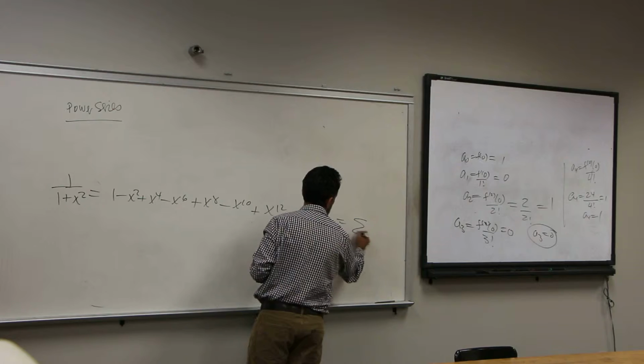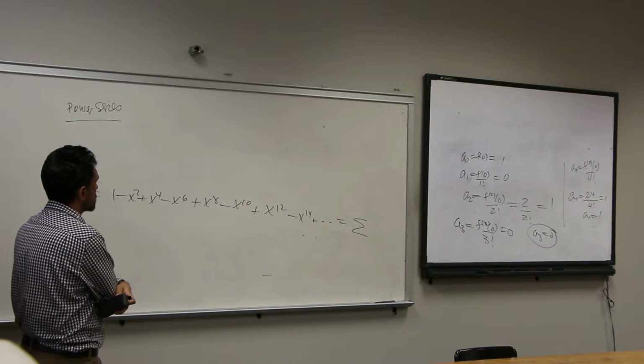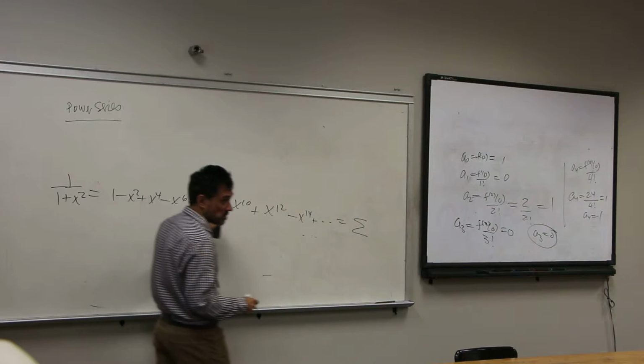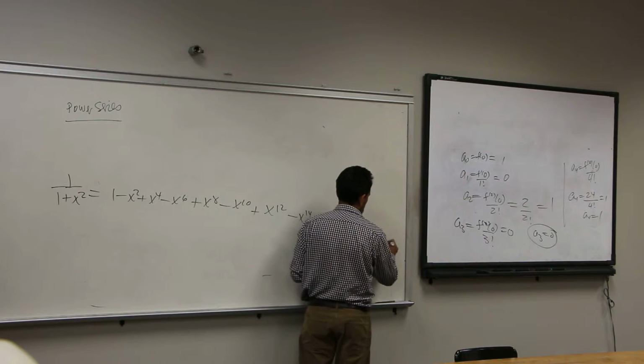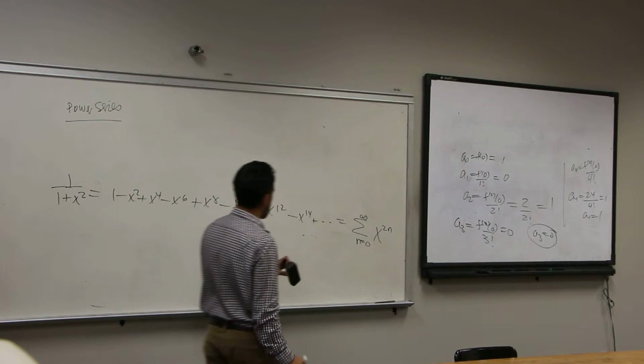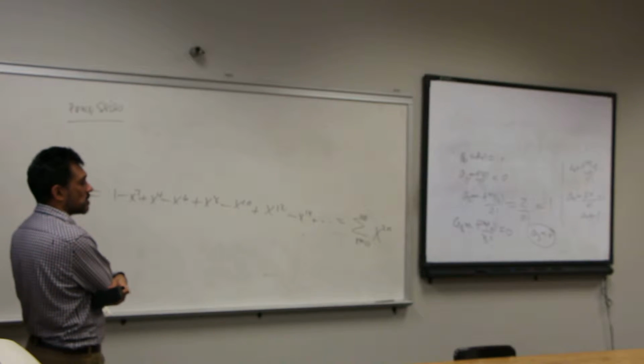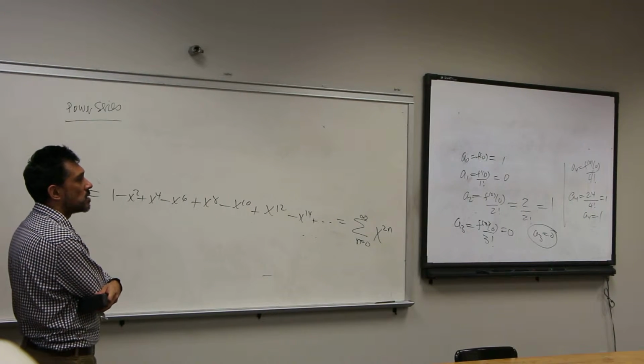How would you write this in series notation? Again, we have only even powers, and we have to alternate the sign. How do we alternate the sign? Negative 1 to the n.